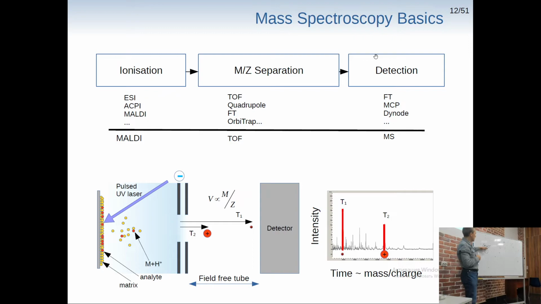As you can see, we don't have just the mass of our analyte. It is added with the mass of one proton, so it will be 1 Dalton more than what we expected. Let's say this one has Z equal to 1, so this mass is in Dalton. Say that it is here.